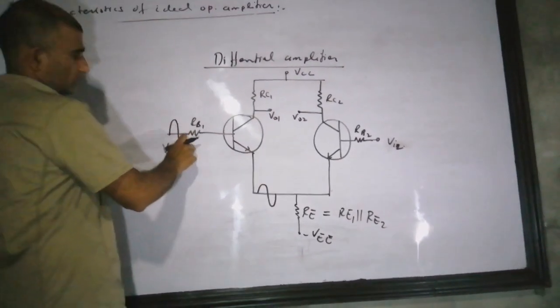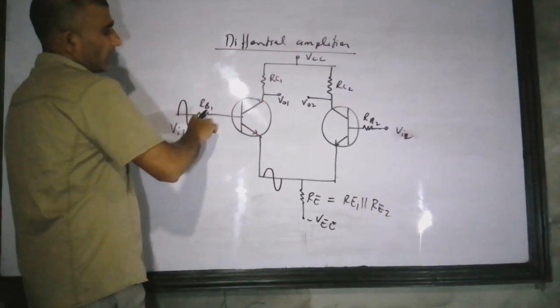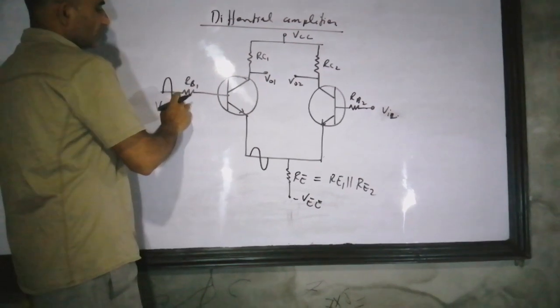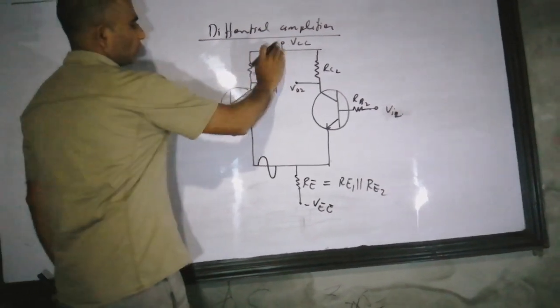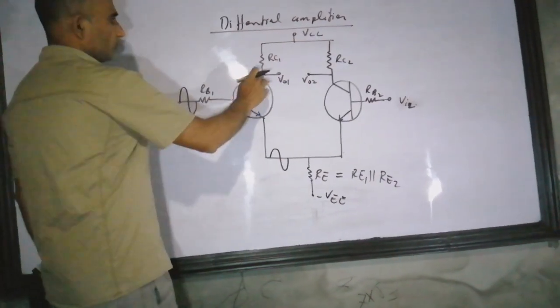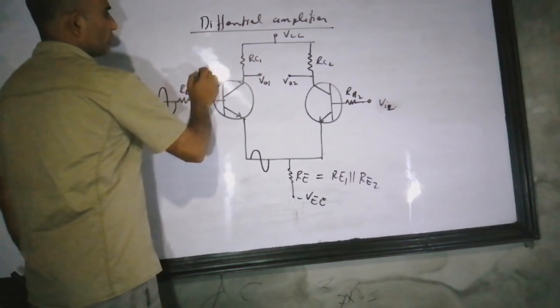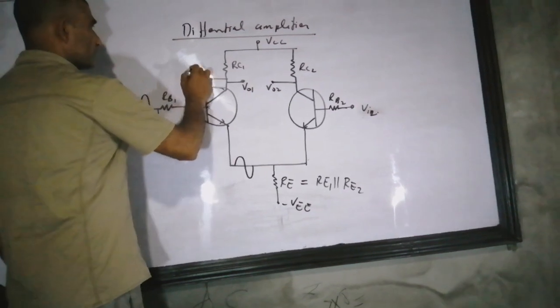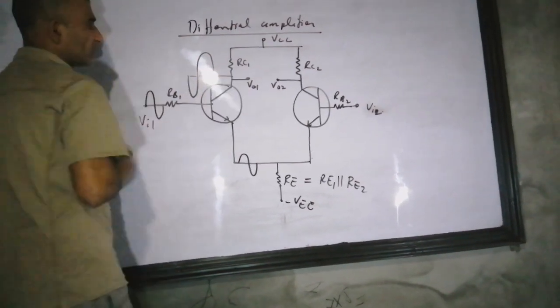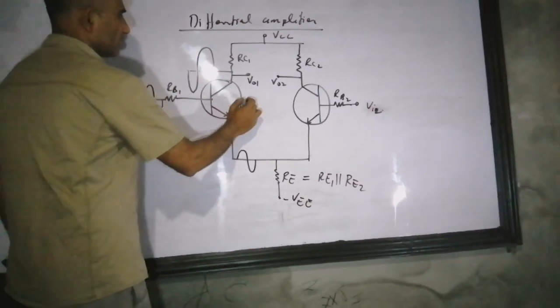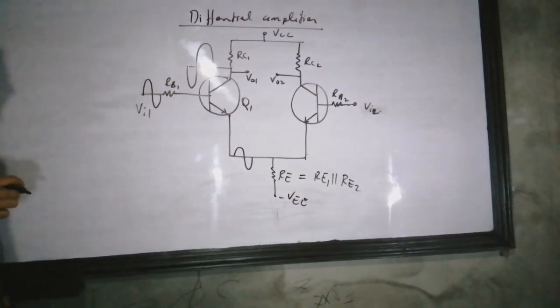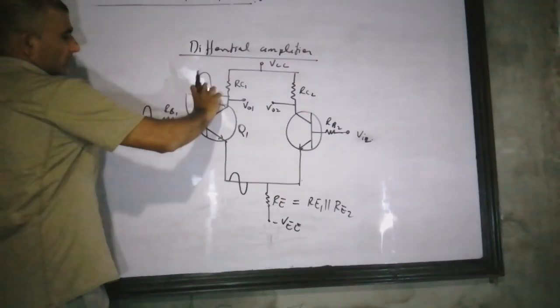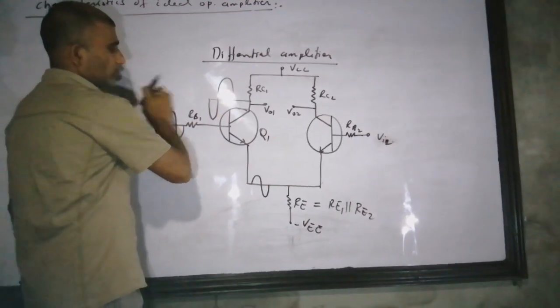Okay, and we just learned that in the common emitter configuration, if you don't consider this part, then the output will be amplified, but out of phase. So this will look like this, if we see here the collector of the first transistor Q1. Okay, and so this will be amplified, and you get this output.